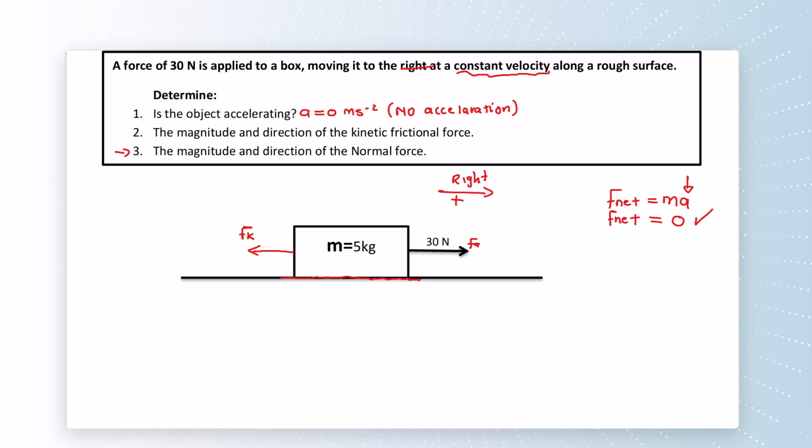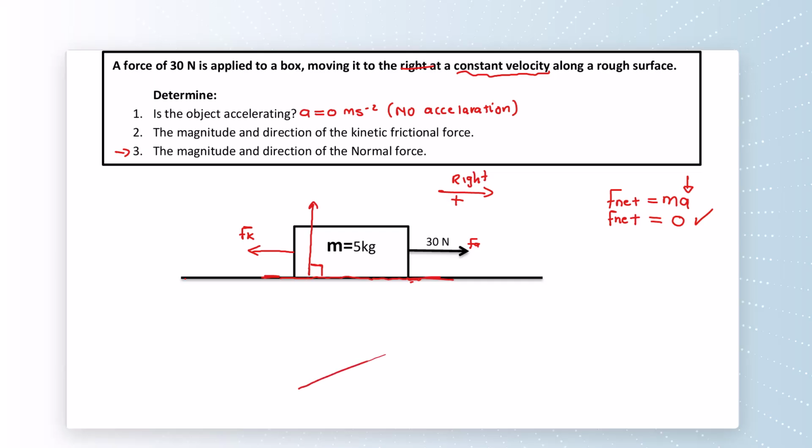Here's our plane. The box is not resting, it's moving along that horizontal plane there. So the normal force will always act perpendicularly to the plane. It will always form 90 degrees to the plane.